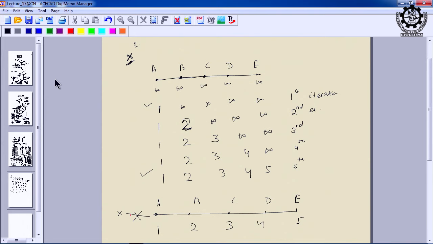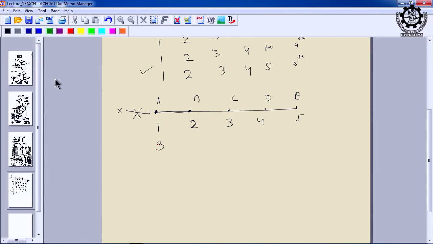So, what happens now when the exchange takes place? A understands that my neighbor B can reach X with a hop of 2. So, if I forward my packet to B, B can reach X with a little knowledge that B has updated through him only, through 1, right. So, he updates, he says with 3 hops I can reach X.